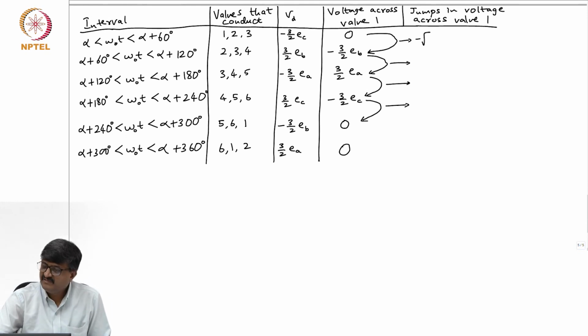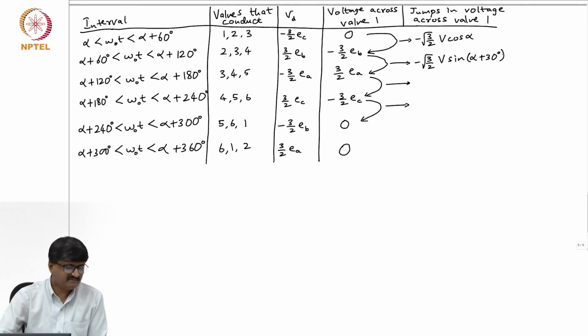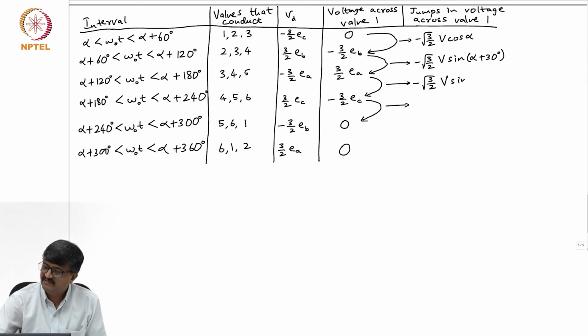The first jump is minus square root of 3 by 2 V cos alpha. The second jump is minus square root of 3 by 2 V sin(alpha plus 30 degrees). The next jump is minus root 3 by 2 V sin(alpha plus 30 degrees).